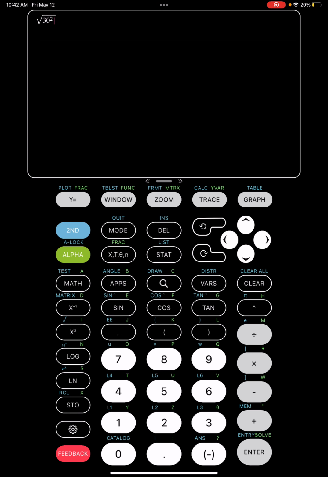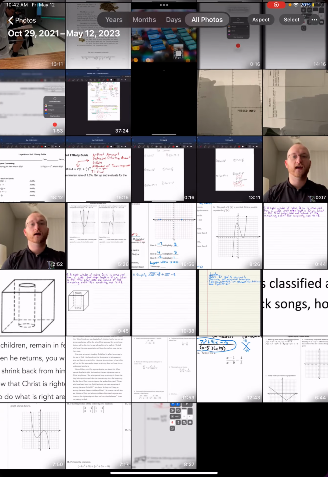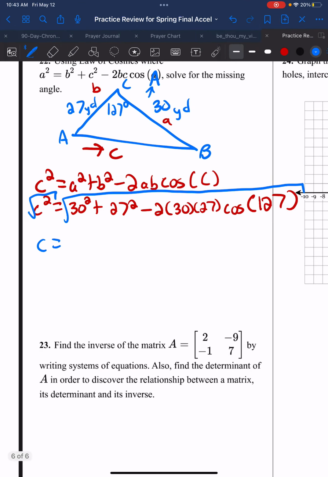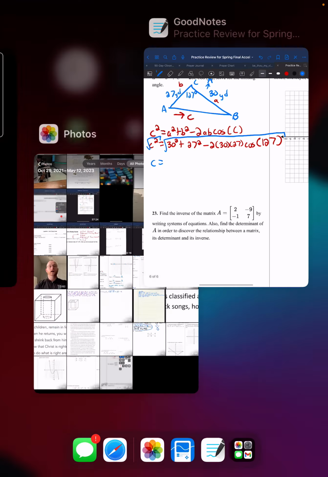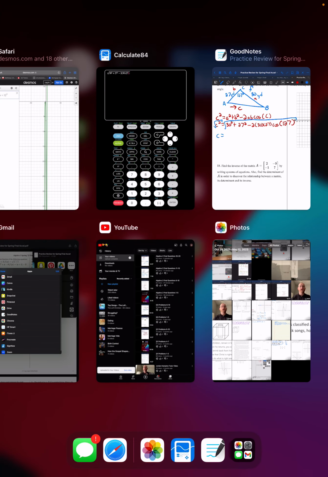30 squared plus 27 squared minus 2 times 30 times 27, just making sure my numbers are correct so far, and then cosine of 127.